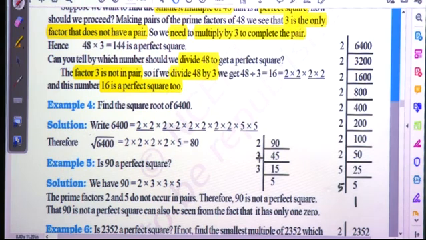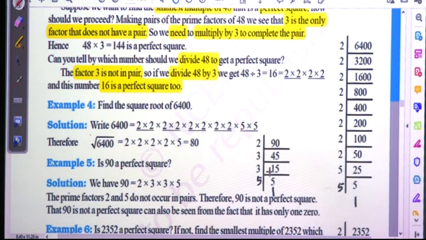Further by 3, 3 1s are 3, 1 is remaining, it becomes 15, 3 5s are 15. Further, 5 1s are 5. That is the same thing. Whatever we do, we have to consider 5.